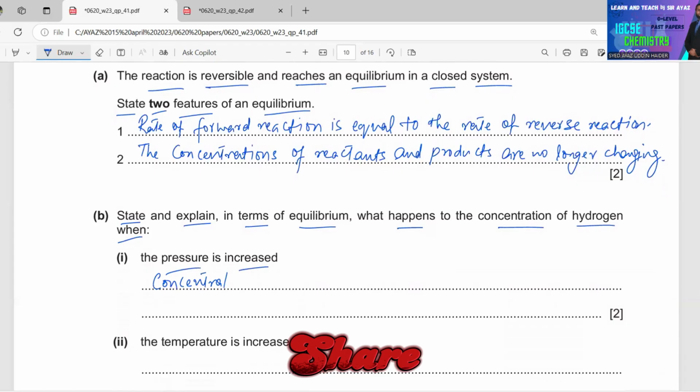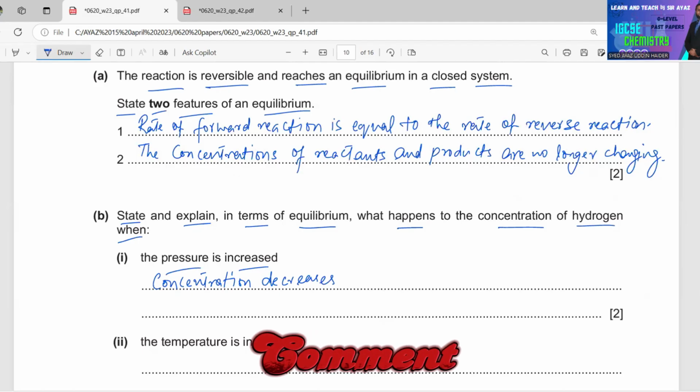Concentration decreases. Now you have to explain. In explanation, you have to explain in which direction the position of equilibrium will shift. The equilibrium will shift to the left-hand side.